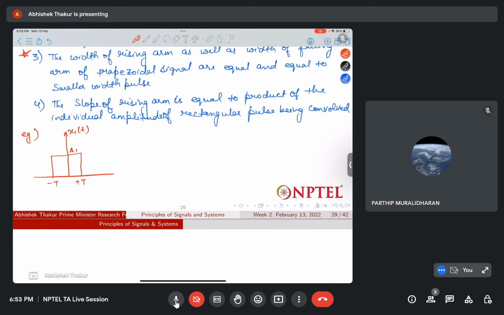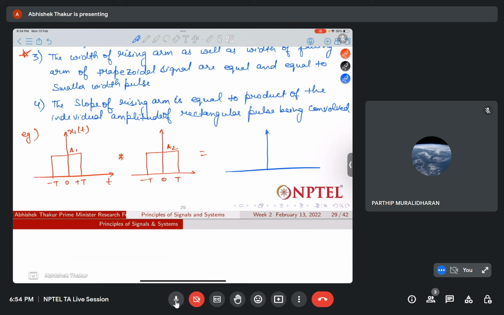And this is convolved with a pulse from minus T to T, amplitude A2. So now the width is the same, so this will result in a triangular pulse.